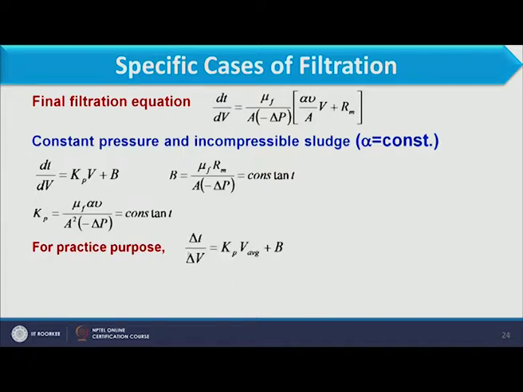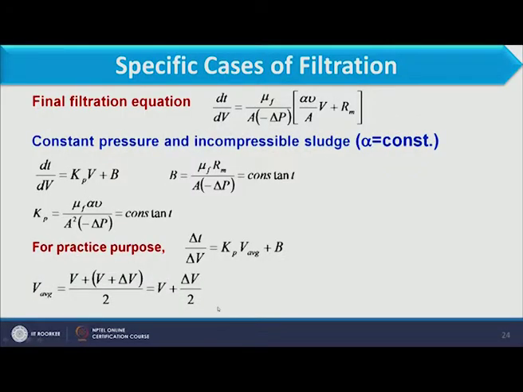For practical purposes, instead of dt we consider delta, so delta t by delta V is equal to Kp V average plus B. Now what is V average? We can calculate V average as V1 plus V2 by 2, that is very simple. V1 is the initial volume, and V2 we can write as V1 plus the differential volume collected. So V average we can define as V plus delta V by 2.